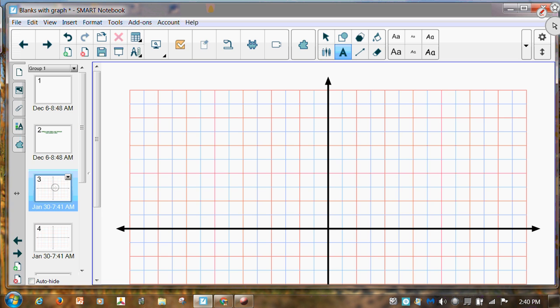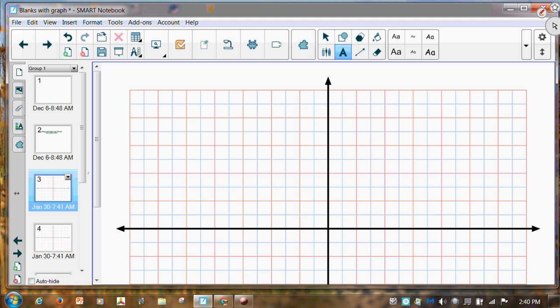The first graph we'll do, let's do a slope-intercept form equation, and in this first plot we'll just use the information that's right there in the equation, the y-intercept and the slope, and work from there.